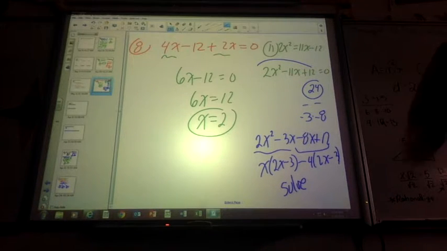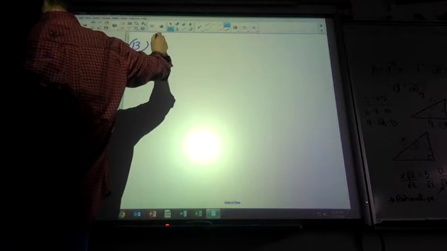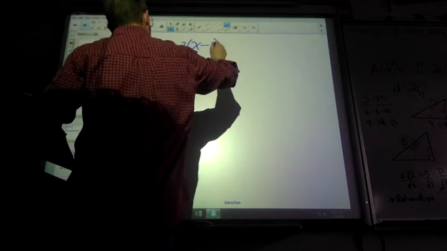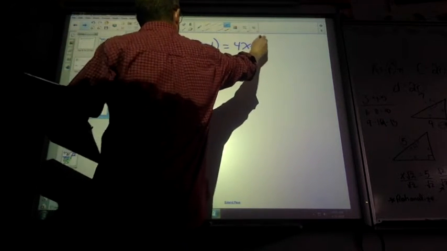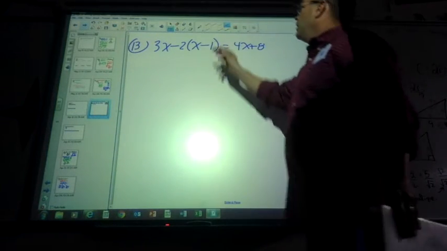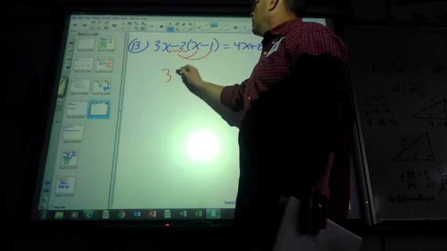All right. 13 and 15, the last two I want to work on. Number 13, we get this is still linear because none of my exponents are bigger than 1. On this one, you need to make sure you distribute the negative 2 to both of those.